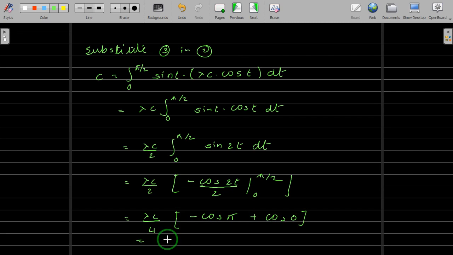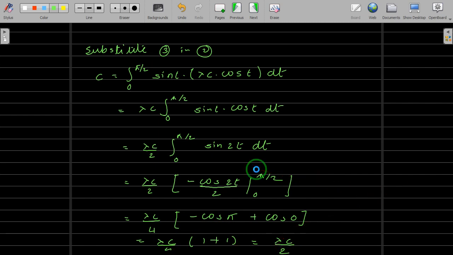Okay, this is nothing but lambda c by 4. Cos of pi is minus 1, so minus minus 1 is plus 1, and cos 0 is plus 1, and this is nothing but lambda c by 2, the 2 cancels out.